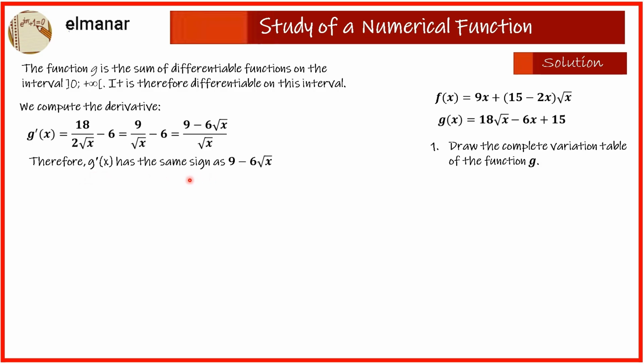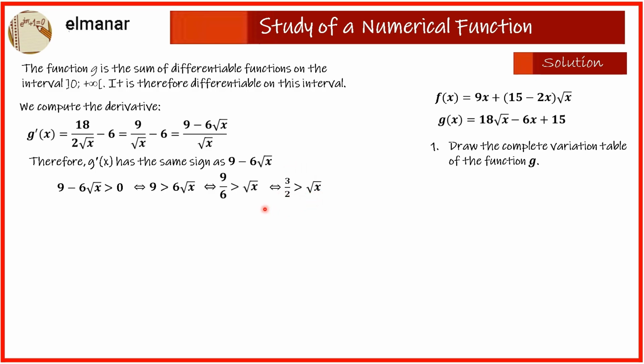We solve the inequality. 9 minus 6 times the square root of x is strictly positive. This is equivalent to saying that 9 is strictly greater than 6 times the square root of x. By dividing both sides of the inequality by 6, we obtain 3/2 is strictly greater than the square root of x.